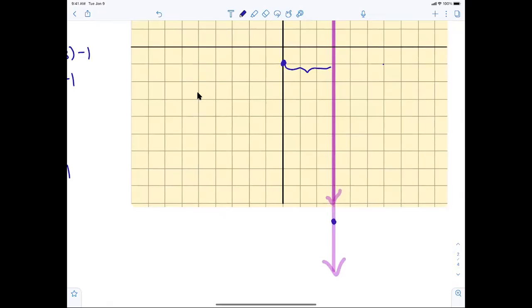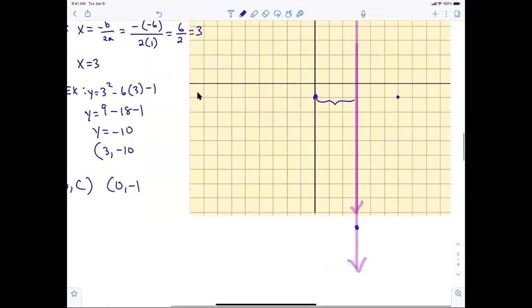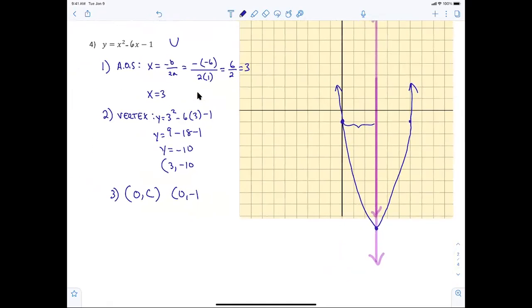Right, there we have it, guys, just like that. Now we're going to sketch the graph. And then, of course, everybody's going to go to y equals and do x squared minus 6x minus 1. And double check and see if that's the same.